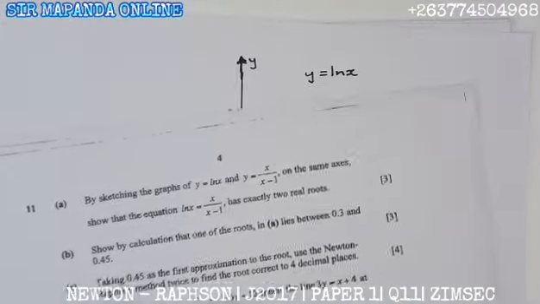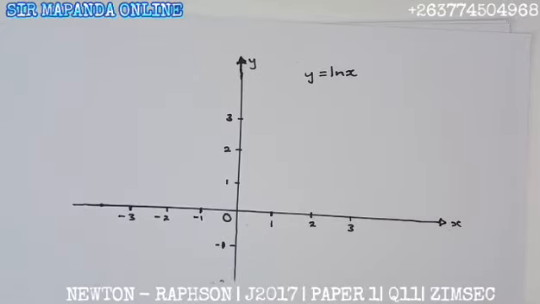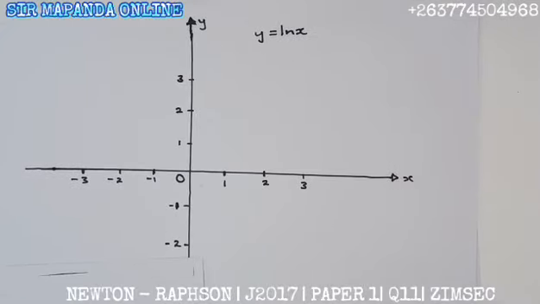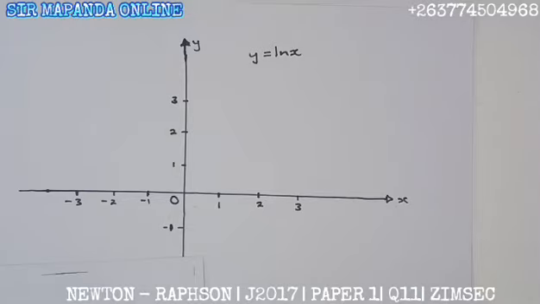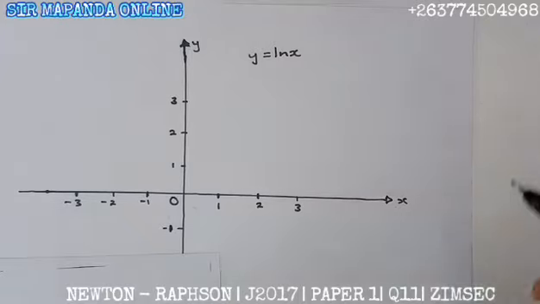So let us start with the ln x graph. According to the ln x graph, you need to know and understand that there is no ln of a negative number. I hope you are following. There is no ln of a negative number. So that property alone helps you to identify the asymptote line for that graph. The asymptote is the line which the curve is not allowed to touch.